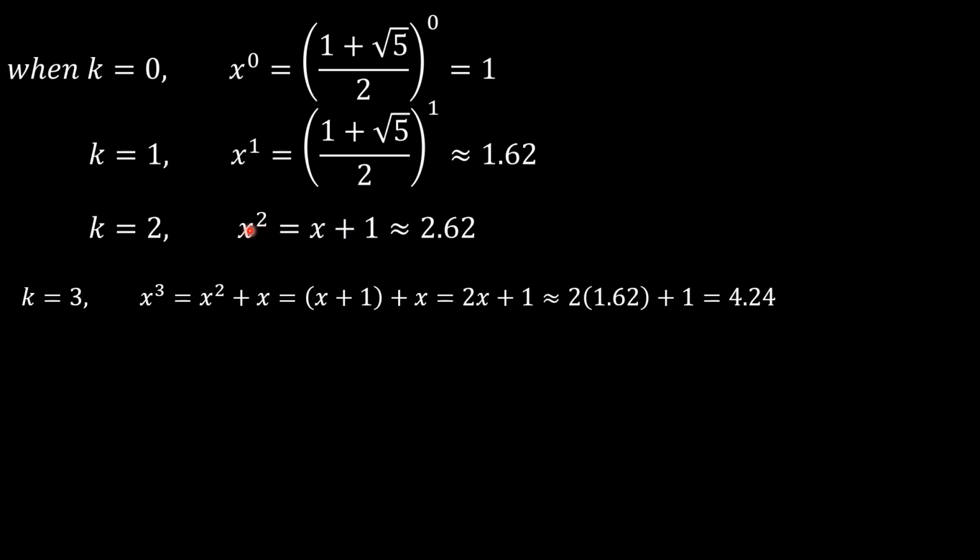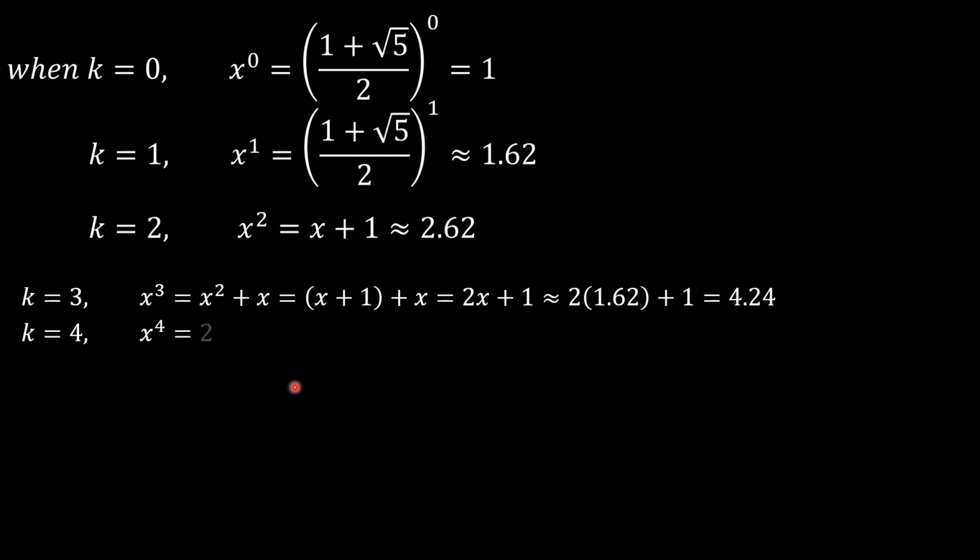Multiply x here, we get x to the power 3, multiply x here, we have x squared, multiply x here, we have x. And so x to the power 3 is the same as x squared plus x, and x squared is the same as x plus 1, so we substitute x plus 1. So x cubed is the same as 2x plus 1, and we can just feed in 1.62, and we get 4.24.